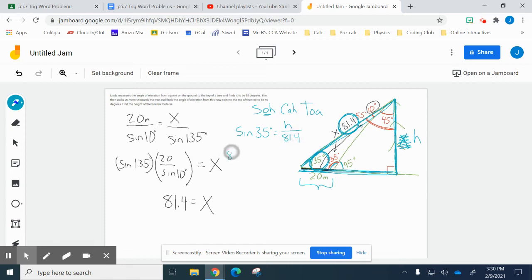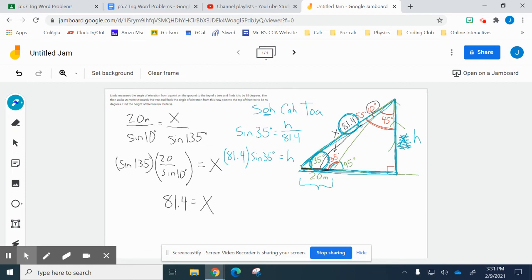So 81.4 times the sine of 35 degrees equals h. Here we go.